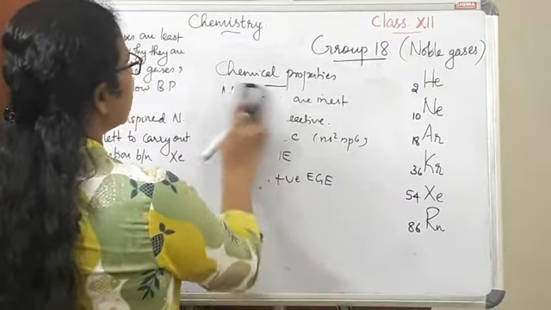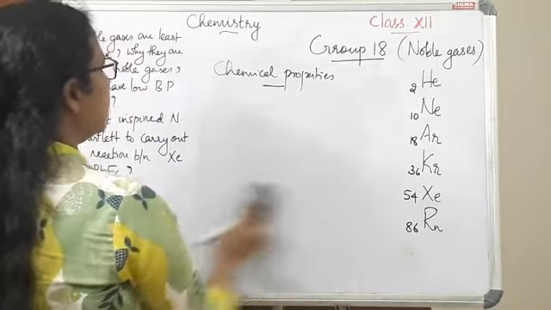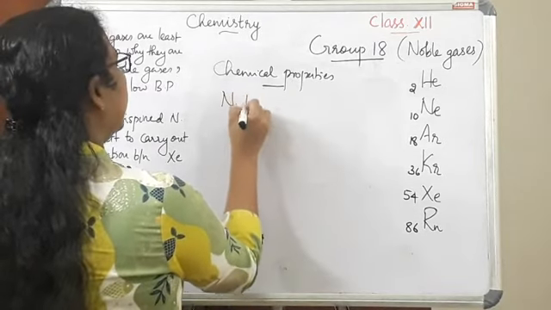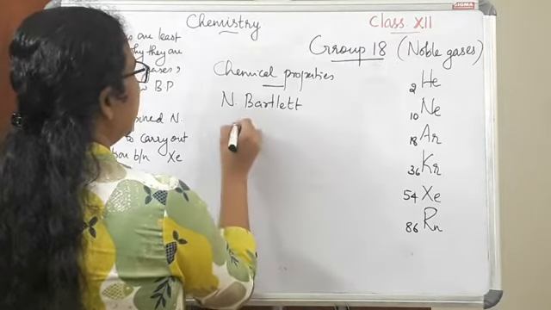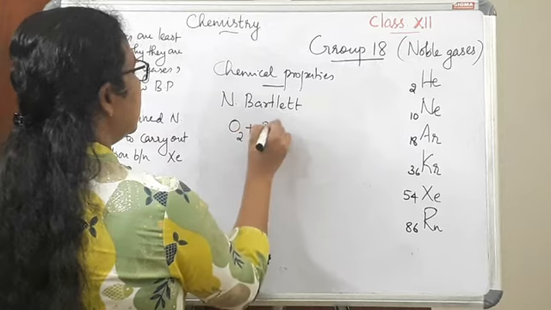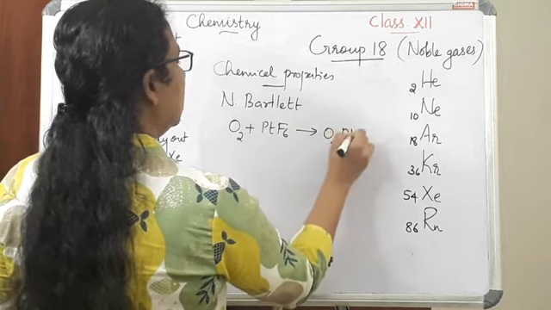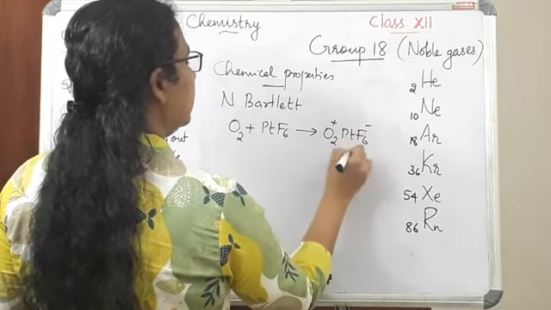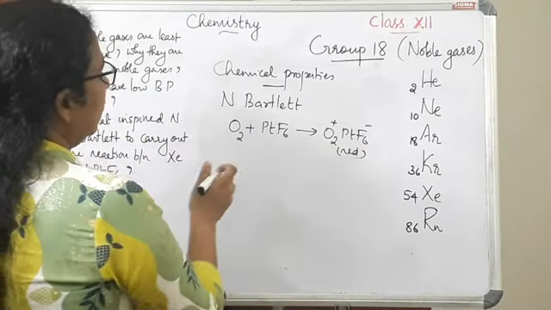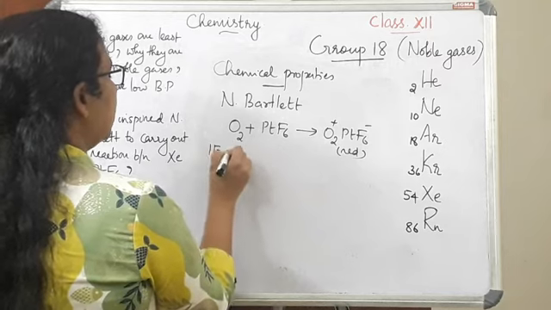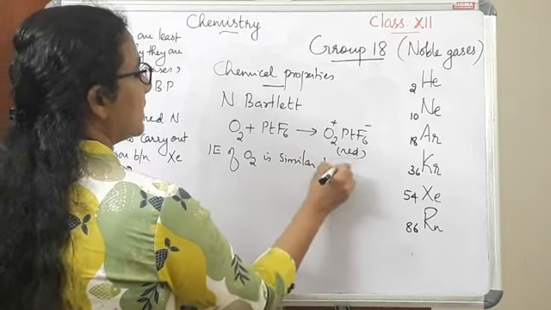But there is a scientist called Neil Bartlett, N. Bartlett, who conducted an experiment. In his experiment, he reacted oxygen and PtF6 and he found a red compound like this. And he found that the ionization enthalpy of oxygen is similar to xenon.